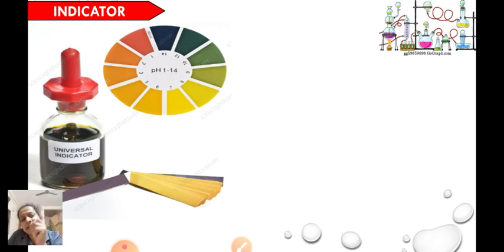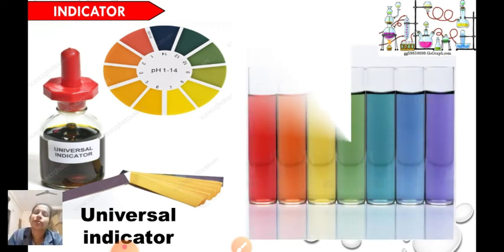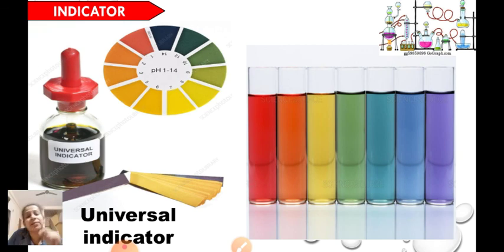It is called universal indicator because it can be used to test different types of substances, and we can come to know how acidic it is, whether it is highly acidic or a weak acid, or whether a given substance is neutral, weakly basic, or strongly basic.